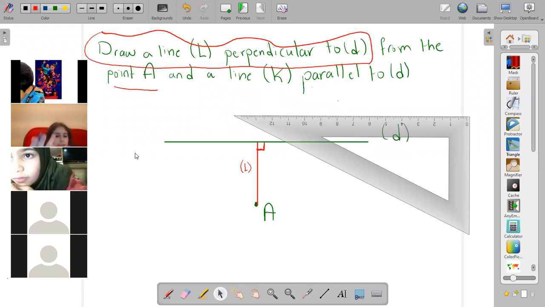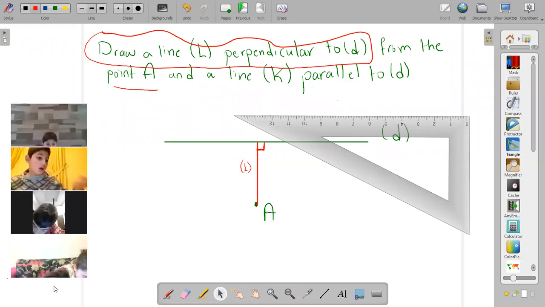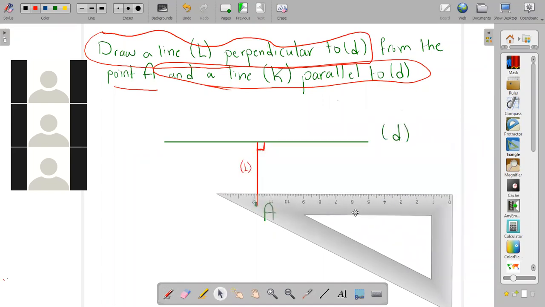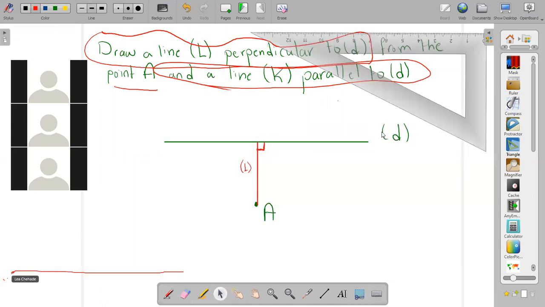Now, Lina Hatwi, we will draw a line K parallel to D. How do we draw a parallel line to D? What do I mean by parallel to D? Line D with a green color. Parallel to it, it will be where?